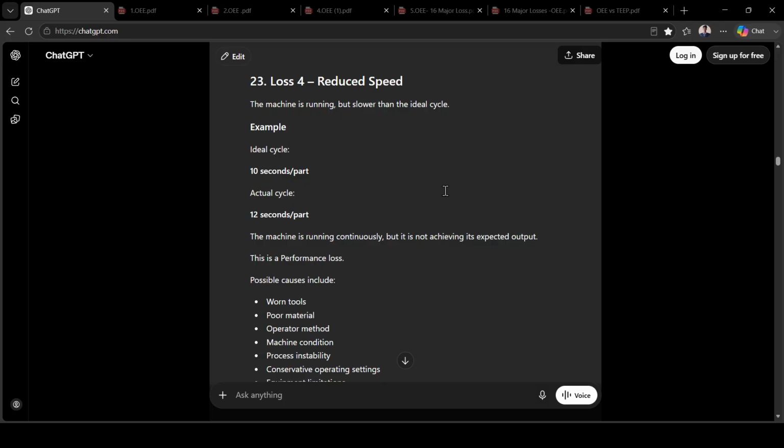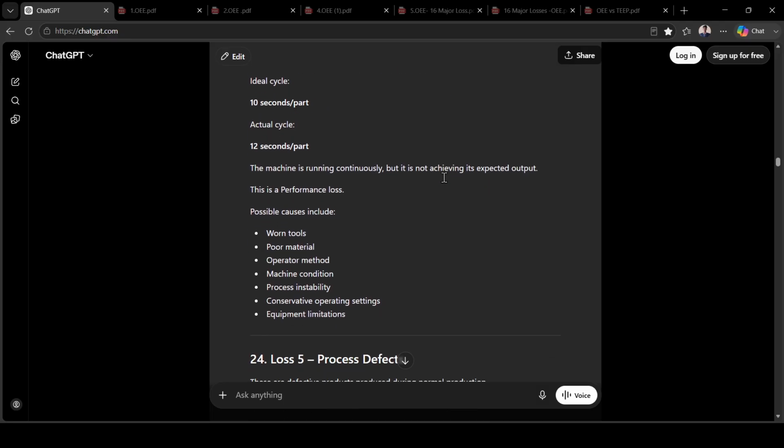The machine is running continuously, but it is not achieving its expected output. This is a performance loss. Possible causes include poor tooling, poor material, operator method, machine condition, process instability, incorrect operating settings, equipment limitation.